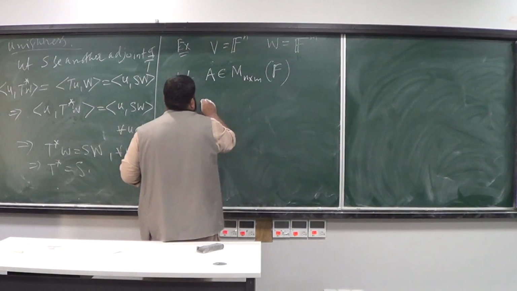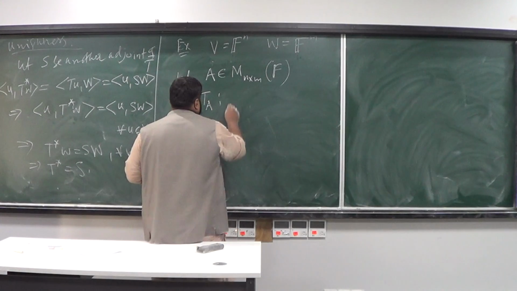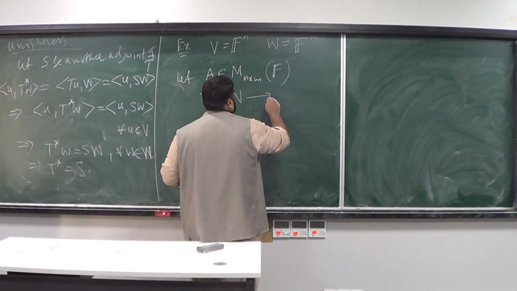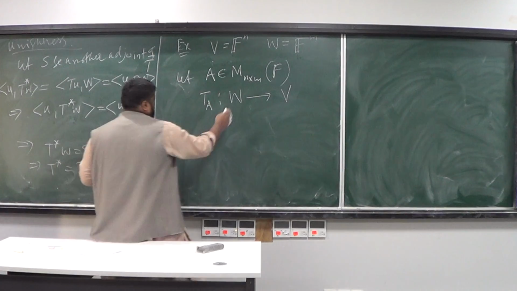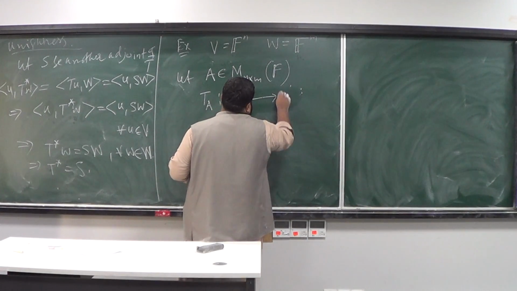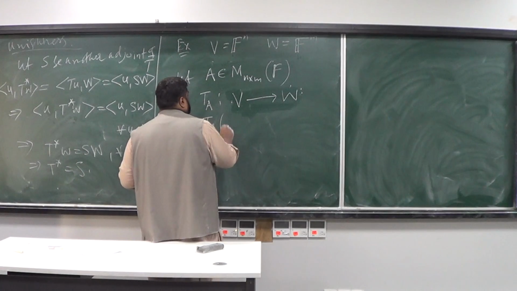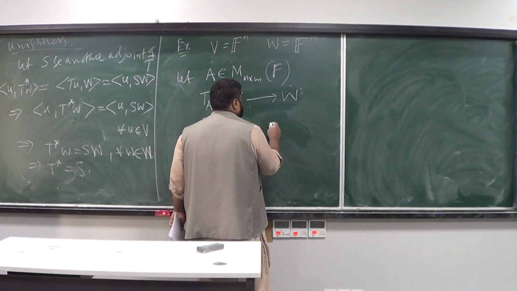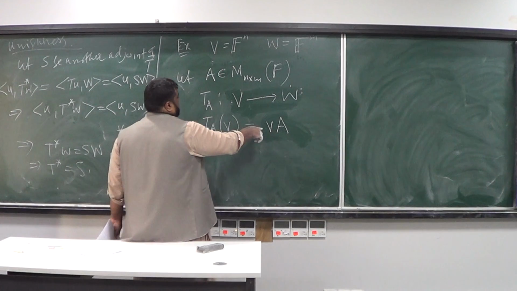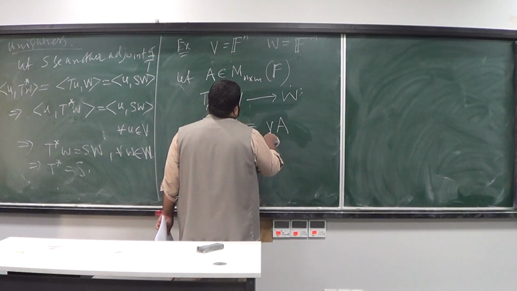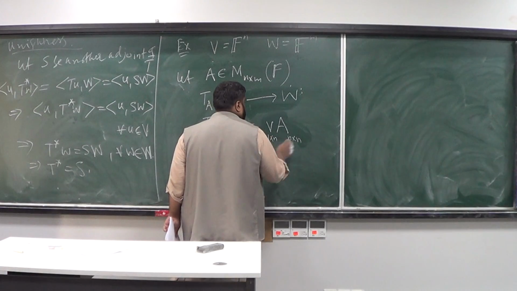And corresponding to this A, let me define a linear transformation T_A that swallows a vector from V and spits out a vector in W. You define T_A operated onto a vector v to be the vector vA. Since v is 1 by n order and A is n by m, their product is going to be 1 by m.